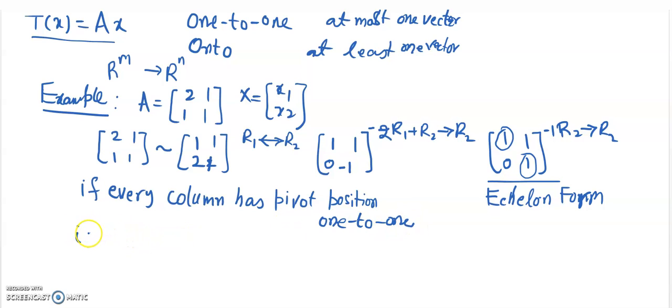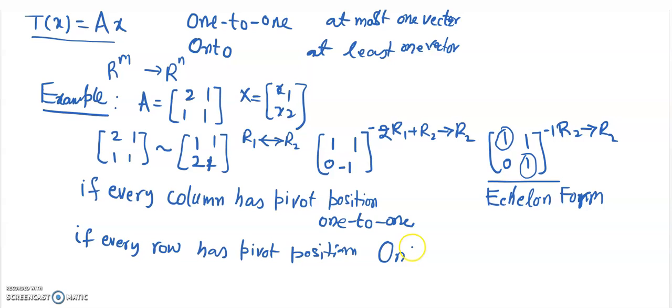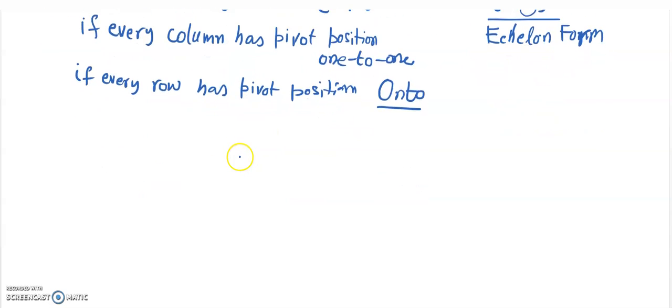And similarly if every row has a pivot position, then the transformation will be called onto. So this transformation, which uses this matrix [2 1; 1 1], will be both 1-to-1 and onto. Okay, let's see another one.